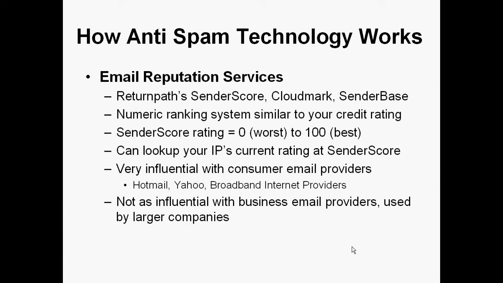So Hotmail will say, okay, this IP has sent X number of emails to our accounts this week, this is how many people opened them, how many people clicked them, how many people deleted them without looking at them, how many people made a spam complaint, etc. They take all this data from each of these major providers, aggregate it all, and that's how they come up with this SenderScore rating. And it can fluctuate a lot.